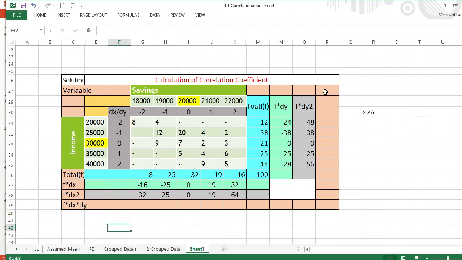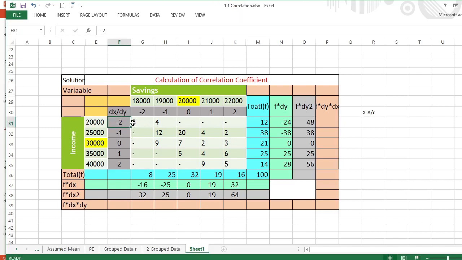For this, we should start from here. We need to calculate the values for all the cells in the frequency table that we have copied here from the problem.